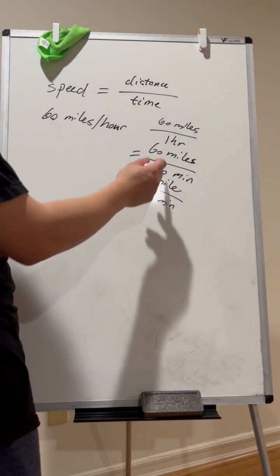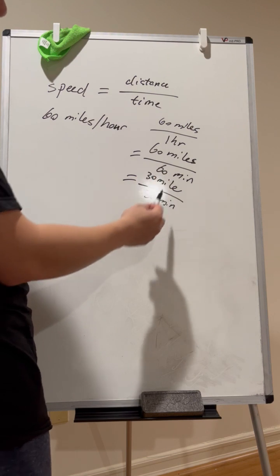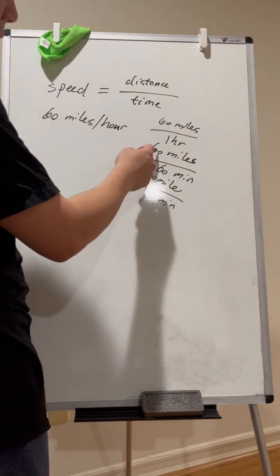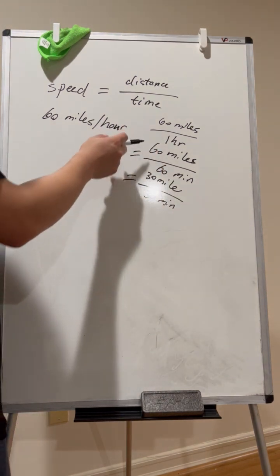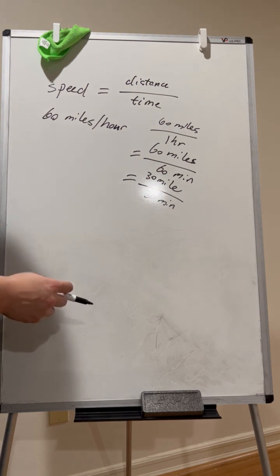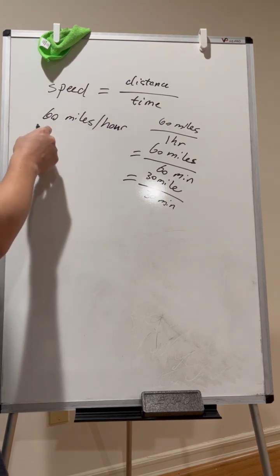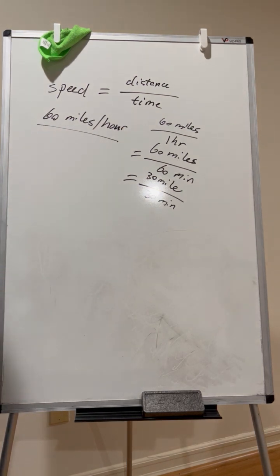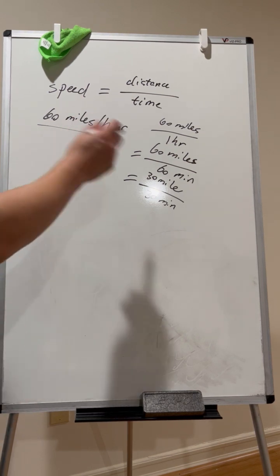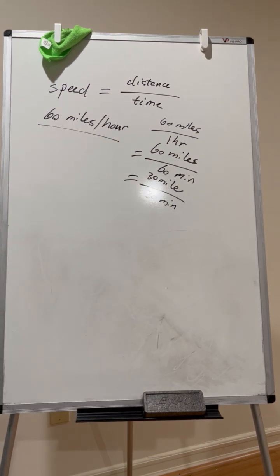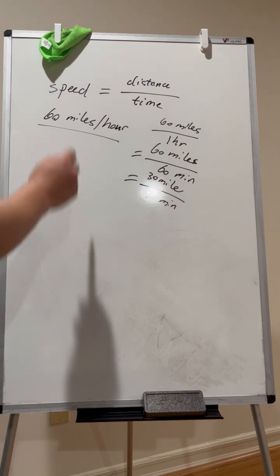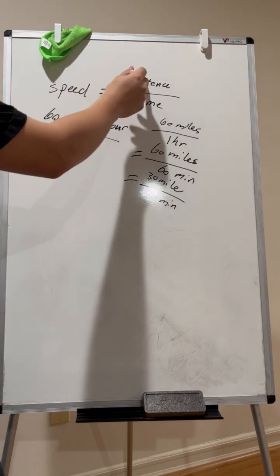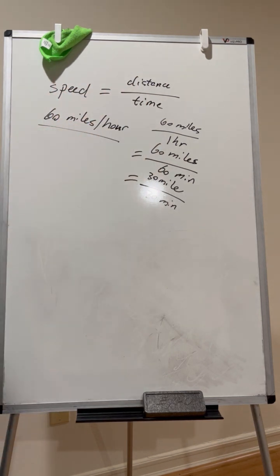So this is what we learned about the ratio last time, right? And these ratios are all equal to each other, right? Which is this. So now you know the relationship between speed, distance, and time.